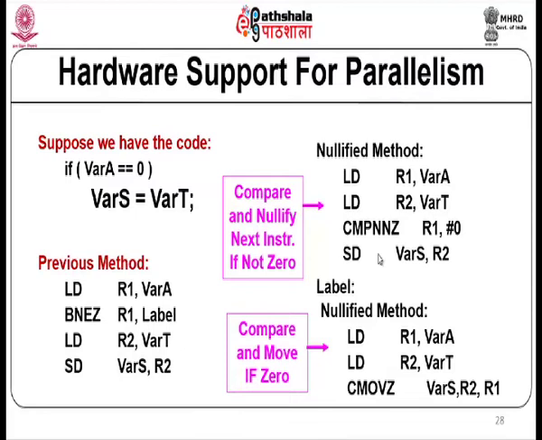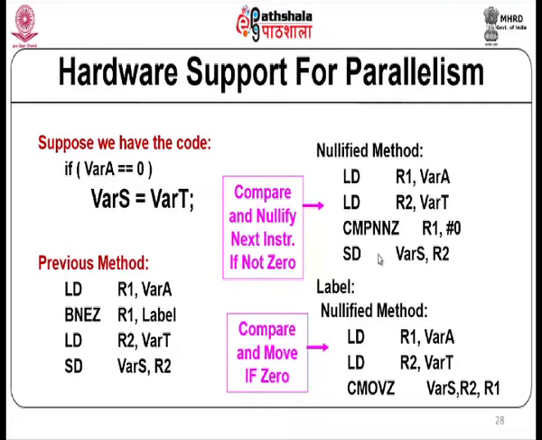If it is 0, because the condition says if it is 0, then variable T has to be copied to S. So, if the condition is satisfied, then you load variable T into a register R2, and the content of R2 is stored into the location of variable S. So, this is how the original method would have handled this condition, and you know that you have a branch instruction coming in here. This branch instruction will give rise to control hazards.